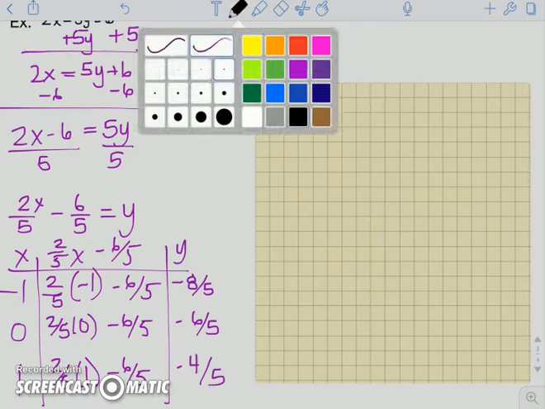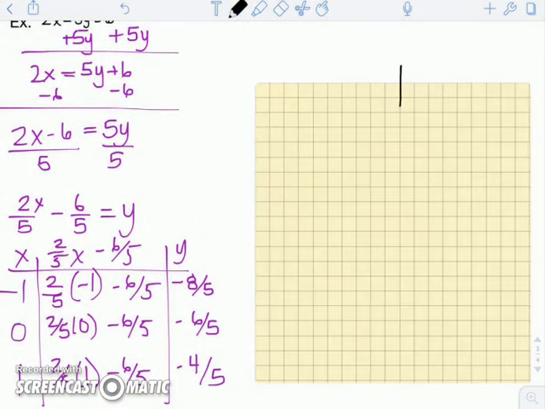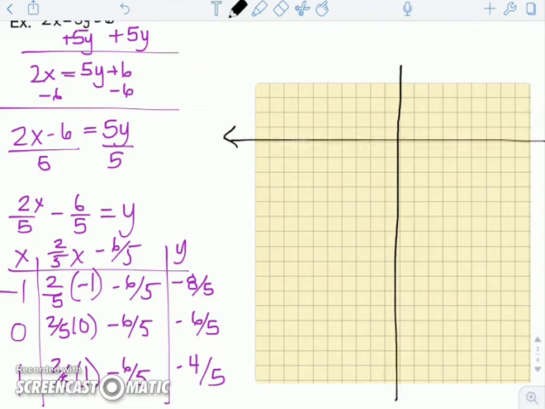I'm going to go to my graph. I'm going to tailor my window to what I'm looking at. I know that my y's are all going to be negative. Right now I'm looking at really tiny values, they're fractional values, right? I'm going to make my graph a little different. So this is what I'm talking about if you're going to use a different value system on your x's and y's, a different scale.